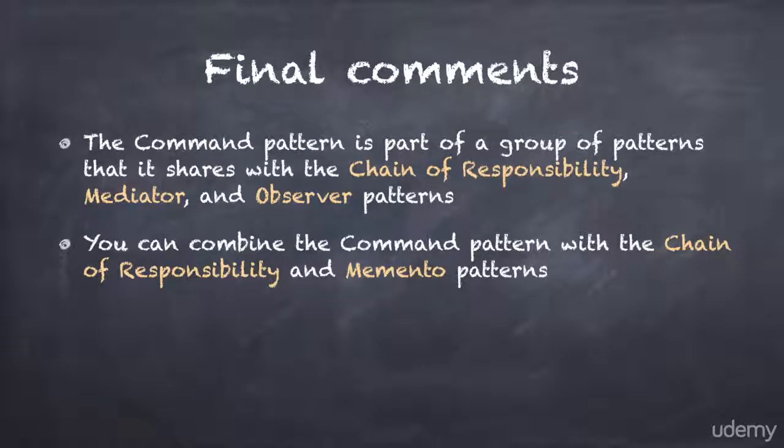This adds the benefits of queuing, logging, and deferred execution to the benefits of the chain of responsibility pattern. And you can combine the command pattern with the memento pattern to maintain the current state of an object and easily implement an undo operation.